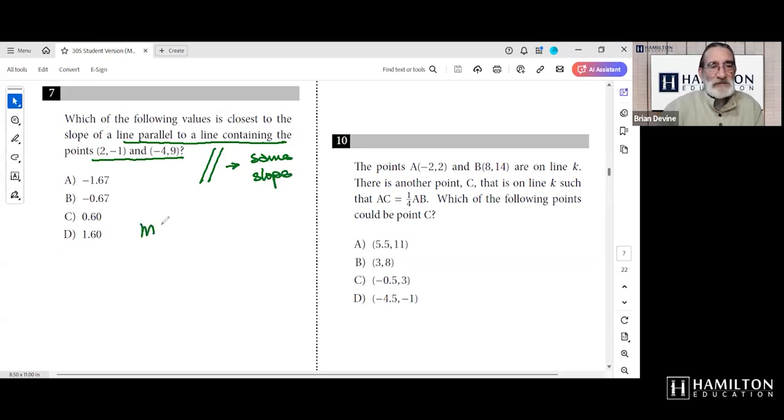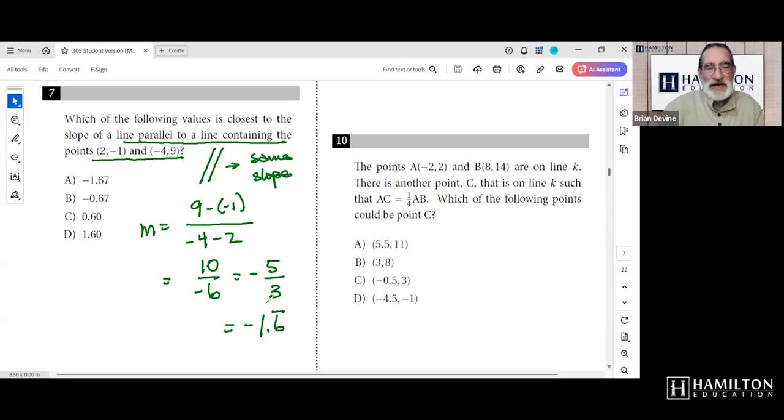So the slope given is going to be the change in y, 9 minus -1, over the respective change in x, -4 minus 2. So I'm going to get 10 over -6, which is going to be -5/3, which as a decimal would be -1.6 repeating. A is the correct answer.